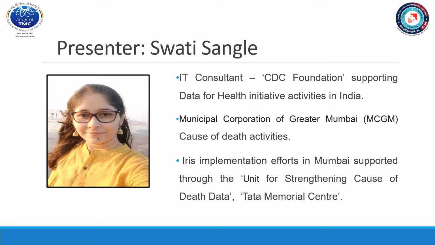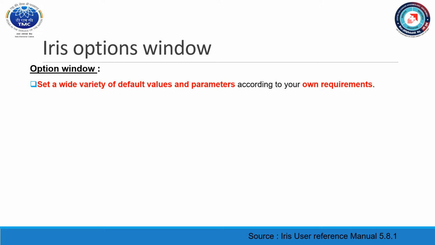In this video, you will learn all about the settings of the IRIS data entry interface, database connections, user settings, option buttons, etc. Let's start with the IRIS Options window. Through the options, you can set a wide variety of default values and parameters according to your own requirements.